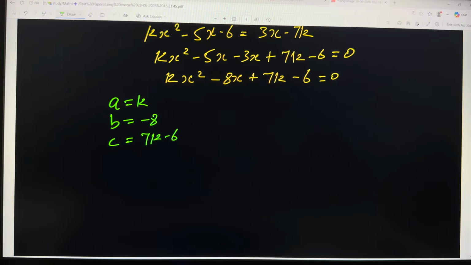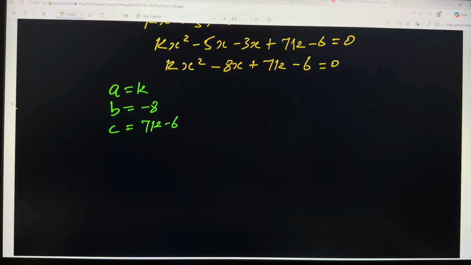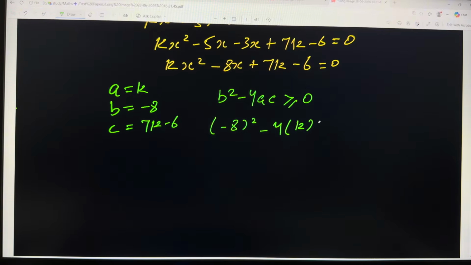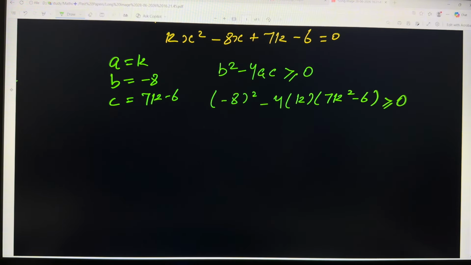Since it didn't say whether the line intersects at 2 points or 1 point, we're going to consider both, so b squared minus 4ac is greater than or equal to 0. So minus 8 squared minus 4 times k times (7k minus 6) is greater than or equal to 0.